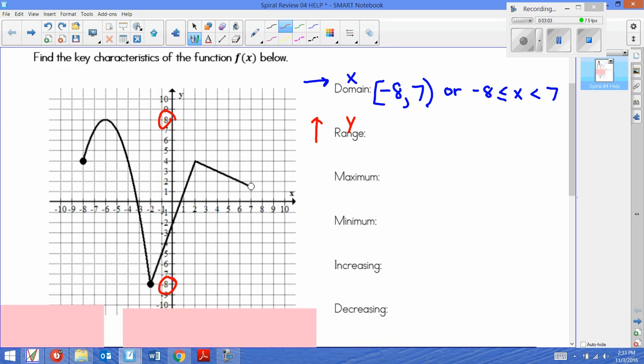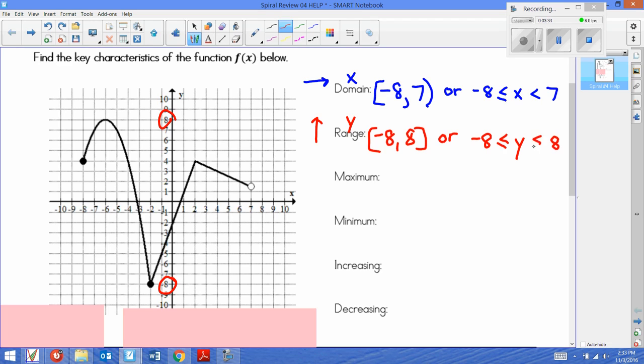Let's write this in interval notation first. Since there are solid points at both -8 and +8, we will use closed brackets. Okay, so -8 to +8. Or, because this is our interval notation, we could look at this in inequality notation, which looks like that sandwich again, except now we're sandwiching in y values.